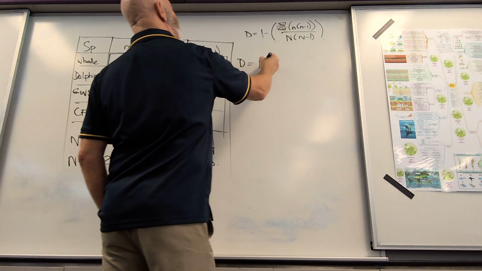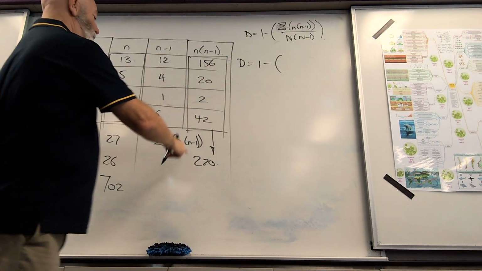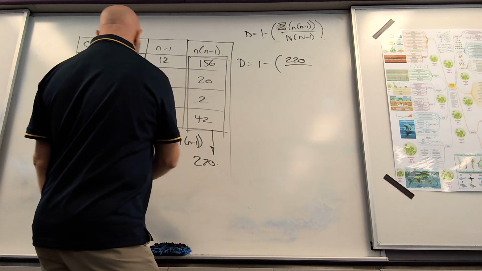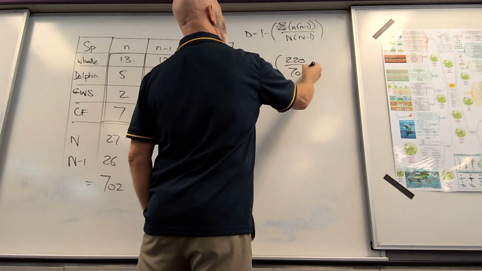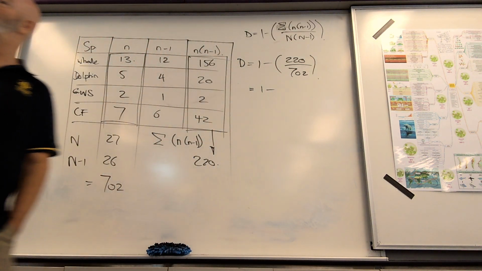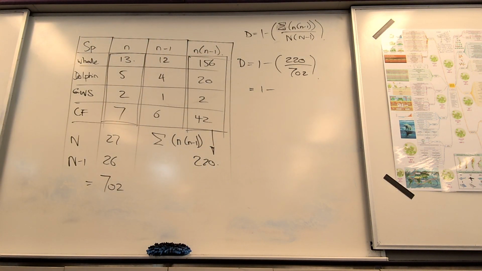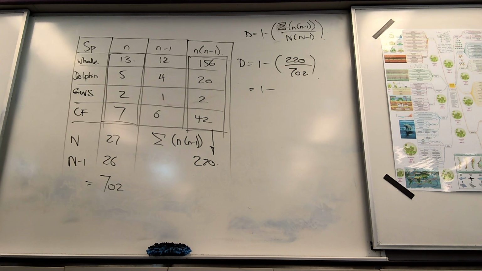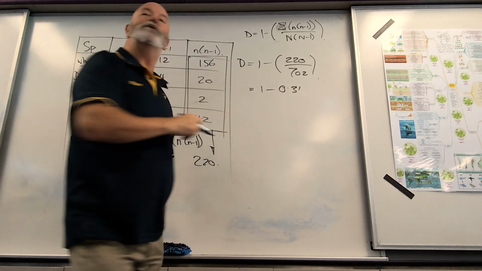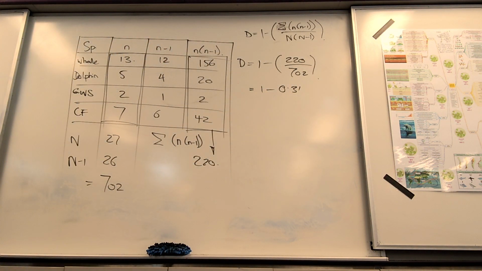Then we go over here. D is 1 minus 220 divided by 702. 0.31. I like it to be in 2 decimal places. All right.